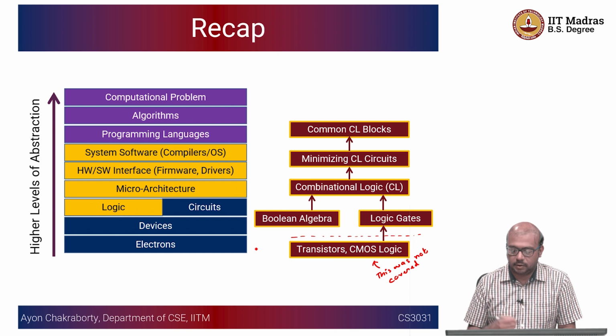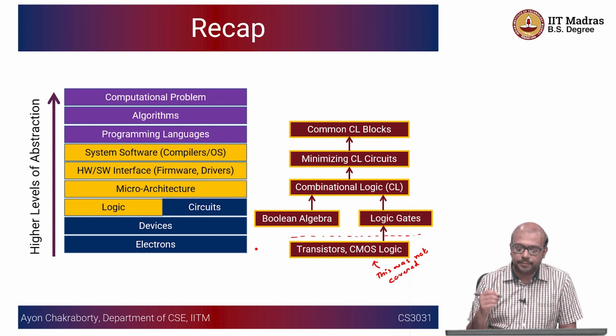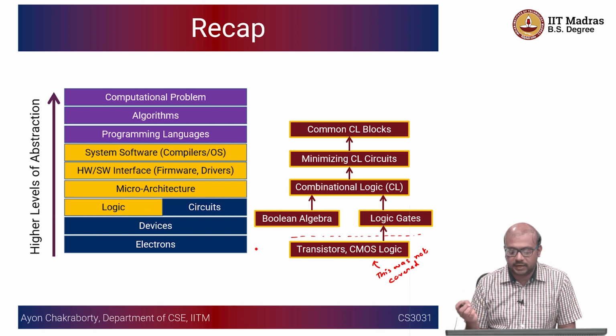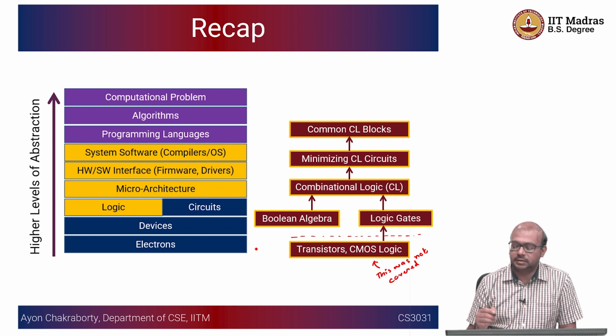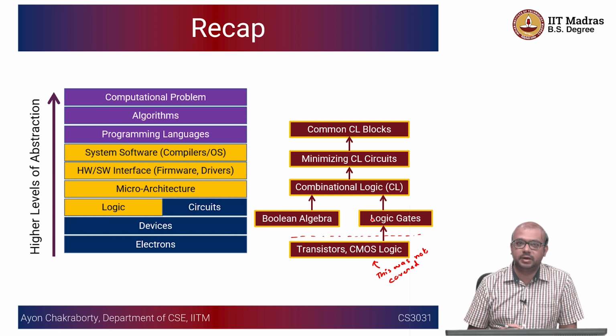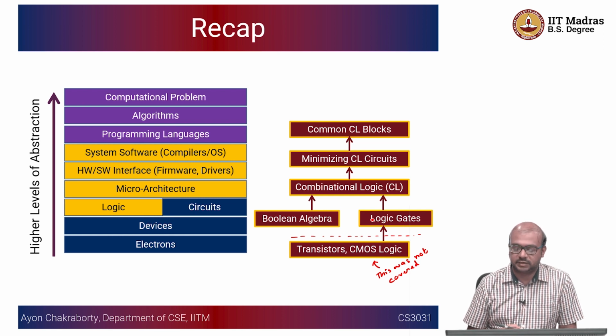And we have already given you an idea about how Boolean algebra and logic gates could be used together to create combinational logic. That part was covered in good detail, I would say. And then we also looked into ways to minimize combinational logic expressions.